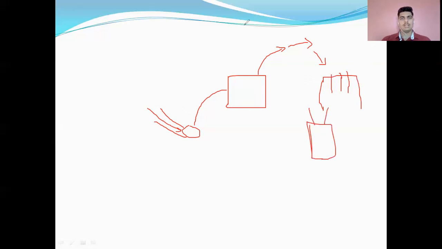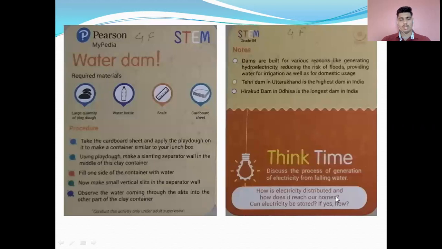These are the things used to increase or decrease the current or amount of voltage passing through, so that this is how it is distributed till our homes.